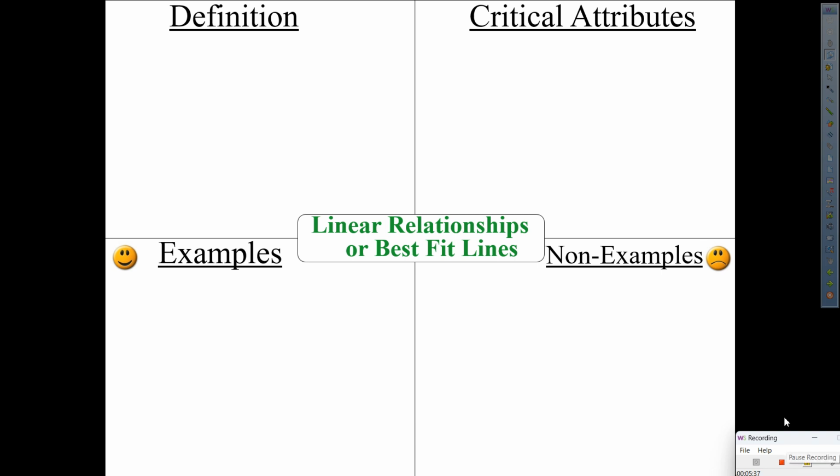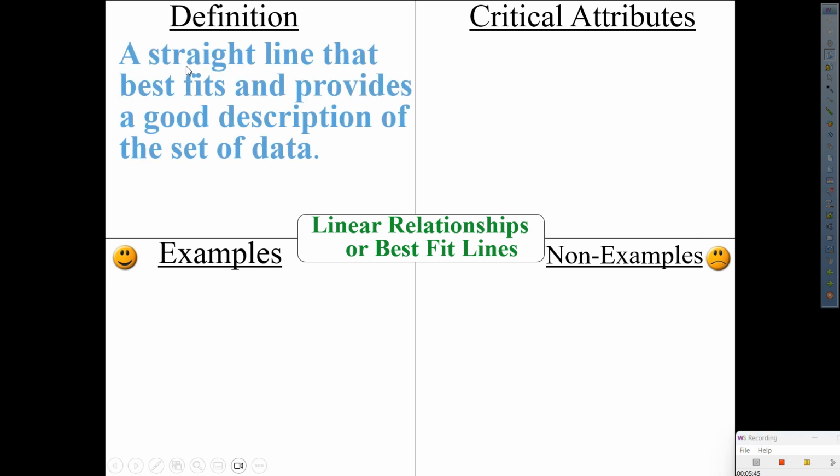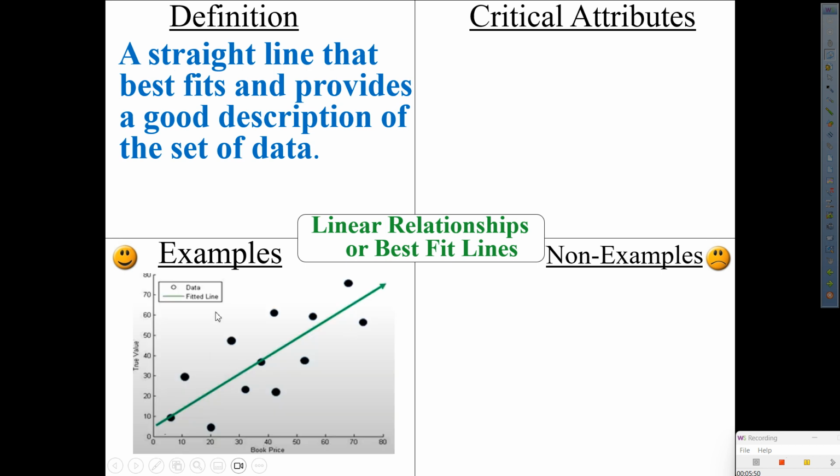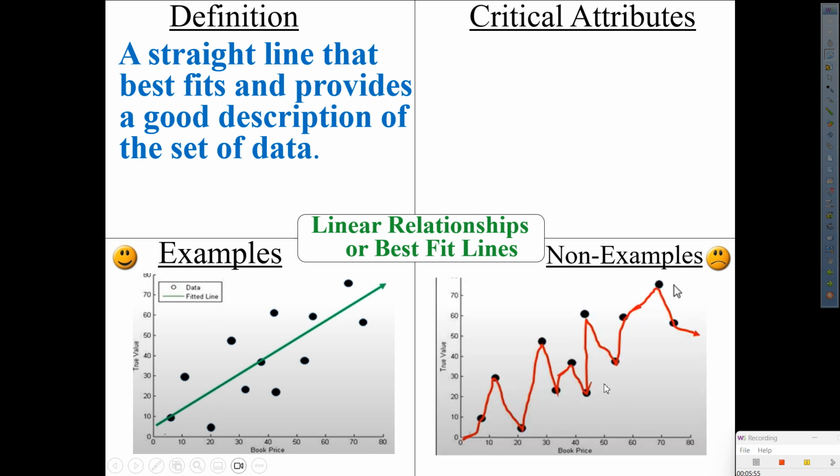So, look up to the screen. Hands off keyboard. So we said that linear relationships or best fit lines are what? A straight line you should have written, yes? Should have given me something like this or downward, but a straight line. And as a non-example, something with the wiggles like this, yes?